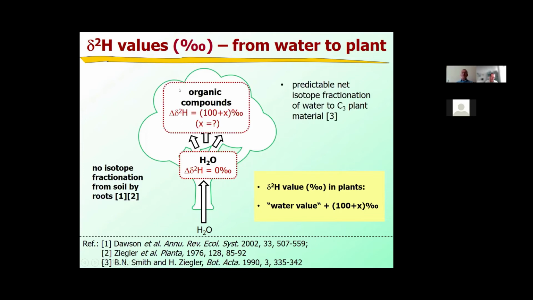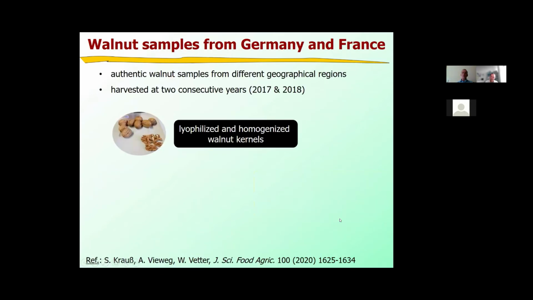But within the plant, if you are forming organic compounds from the water, where the water is involved, there's a depletion of about 100 per mil plus a value which is dependent on the special situation and also on the plant. But at least there's a difference of about 100 per mil. So the delta 2H value in plants is the water value minus 100 minus somewhat. And this somewhat has to be determined.